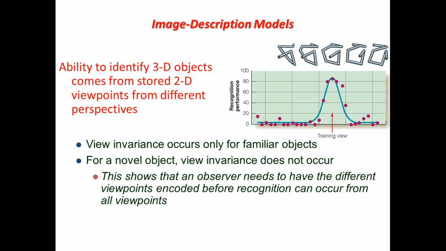Other models, image description models, for example, have talked about how 3D representations might be built over time or over different experiences. And the idea is that our ability to identify 3D objects comes from stored 2D viewpoints from different perspectives.